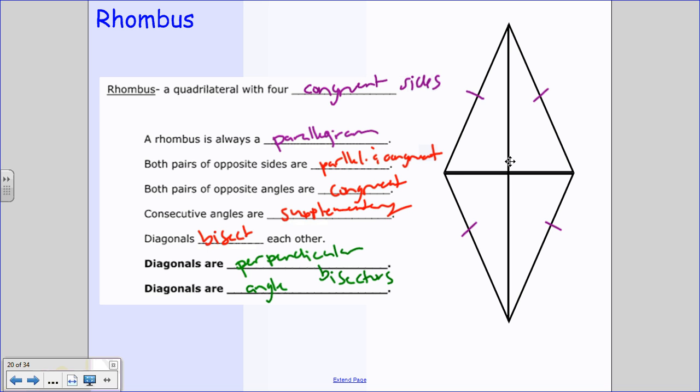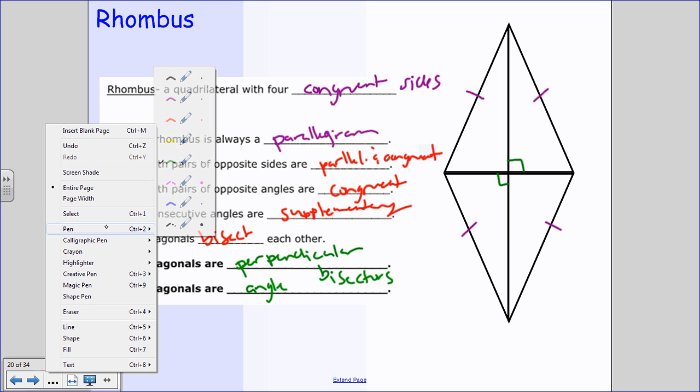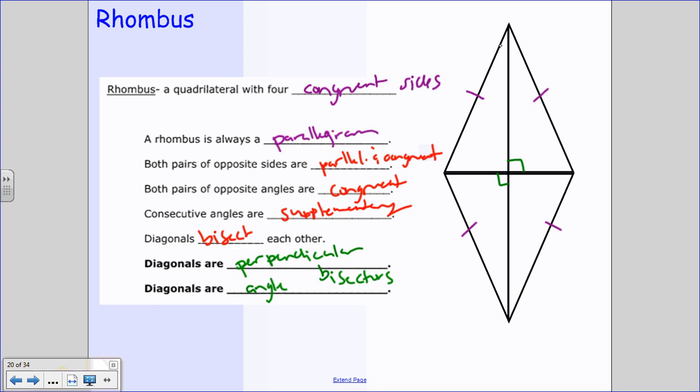So since the diagonals are perpendicular, they form a 90-degree angle on all four corners. And since they're angle bisectors, the angles get split in half on the vertices that they connect.